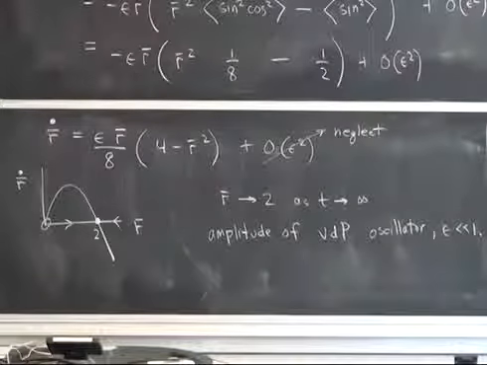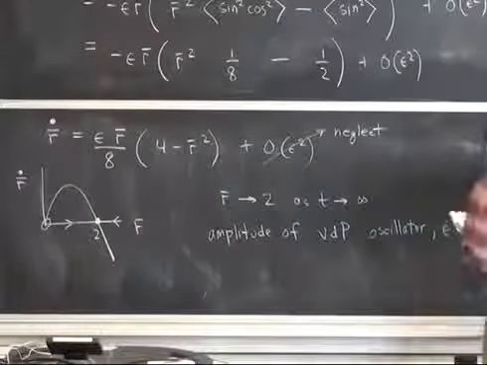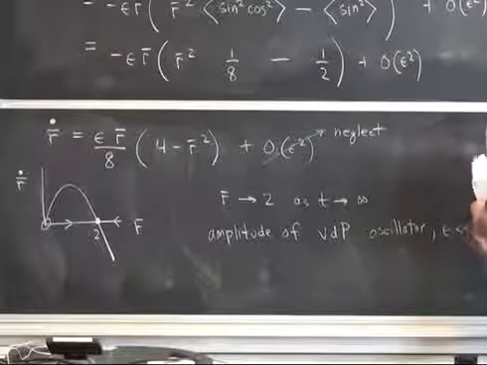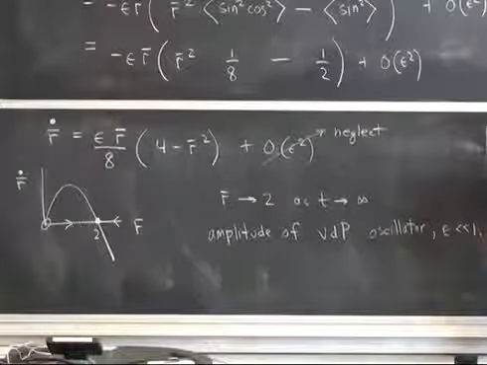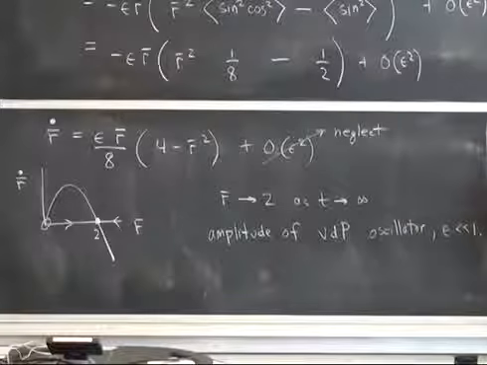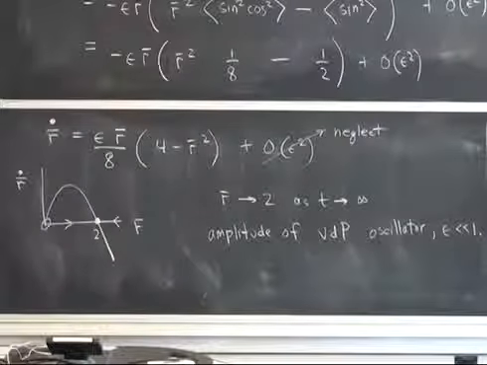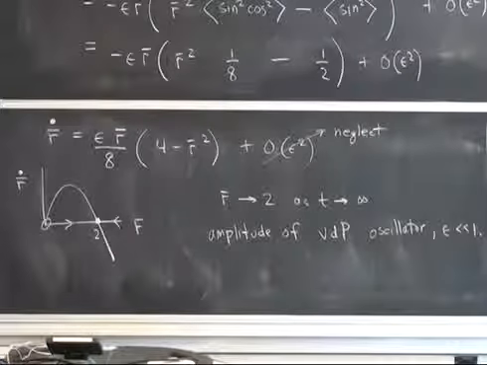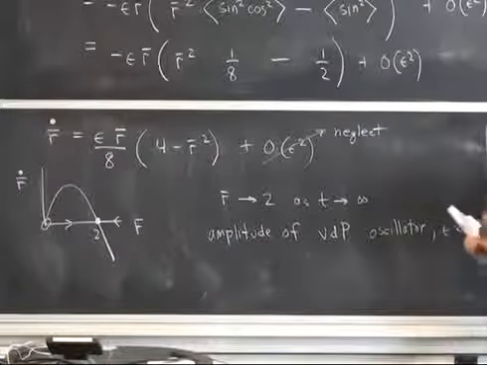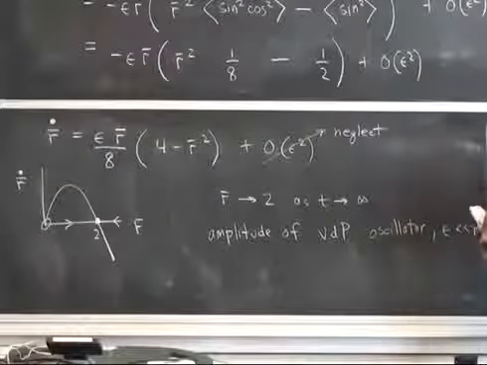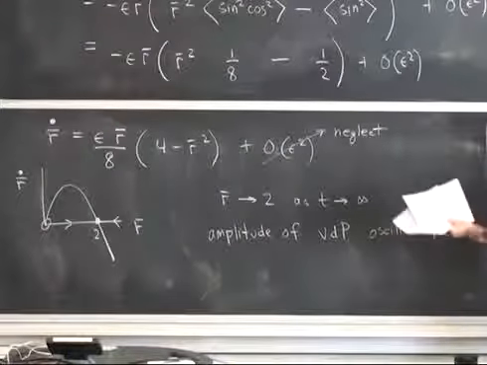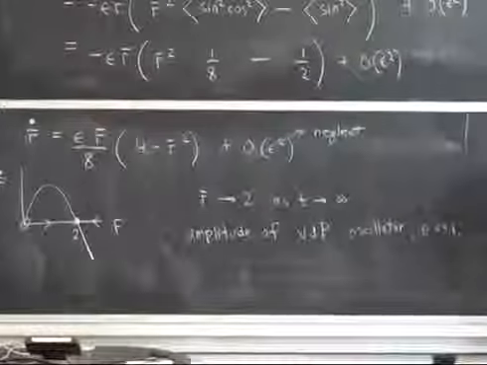So let's just suppose, I'm not going to show the details, but if you want, you could check that if you had, say, x of 0 equals 1 and x dot of 0 equals 0 as an initial condition, then that corresponds to an r bar of 0 equals 1. And you just solve the ODE, which you could do by partial fractions.